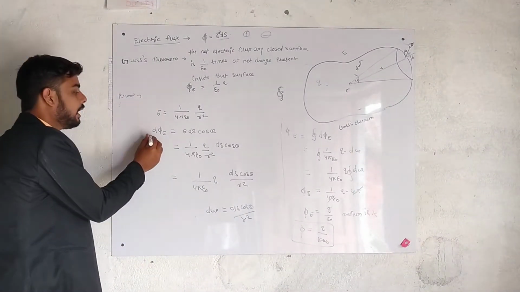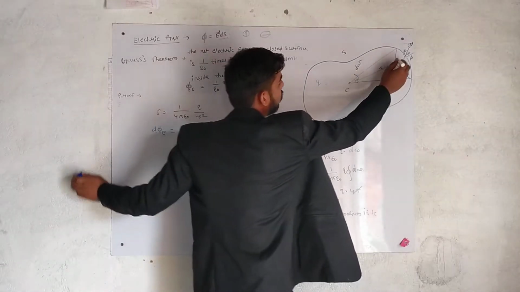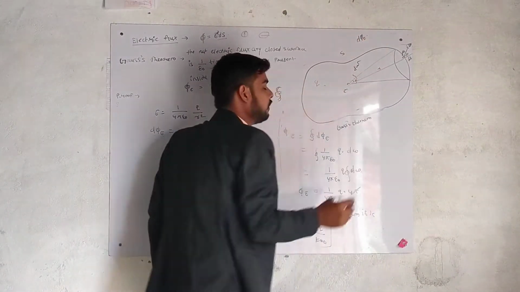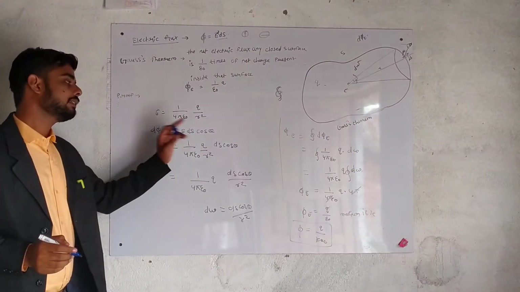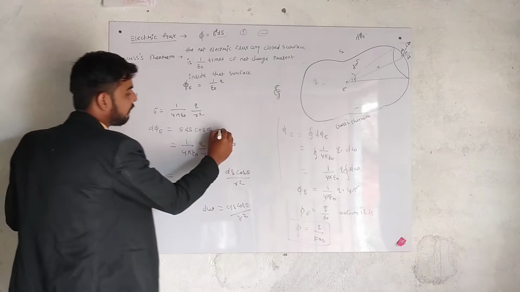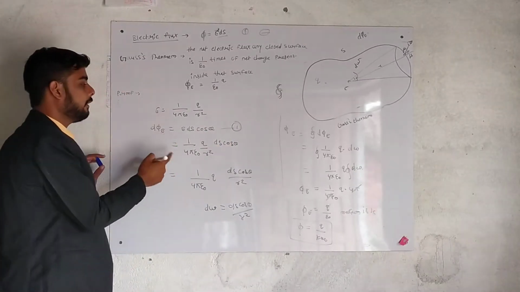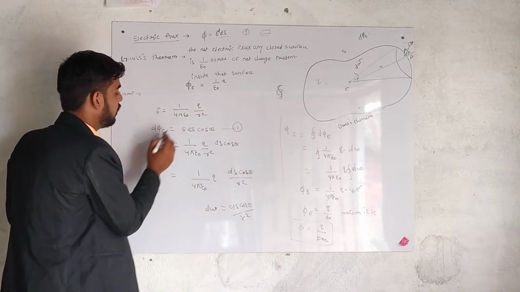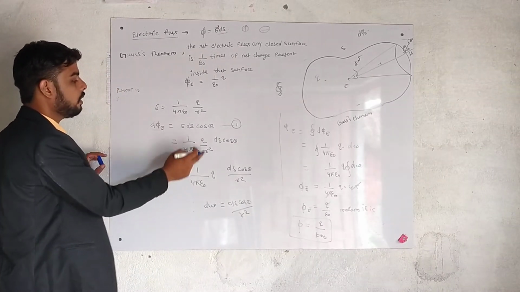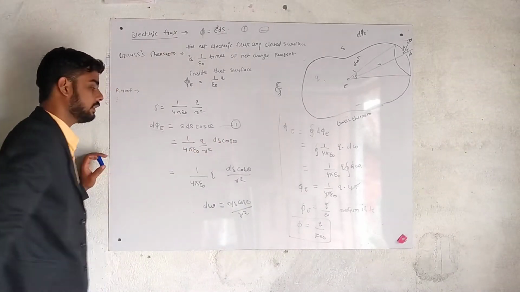Okay, so we are taking a very small amount of electric flux, d phi E. So d phi E equals E ds cos theta. Putting the value of E in equation first, d phi E equals 1 upon 4 pi epsilon naught Q upon R square ds cos theta.